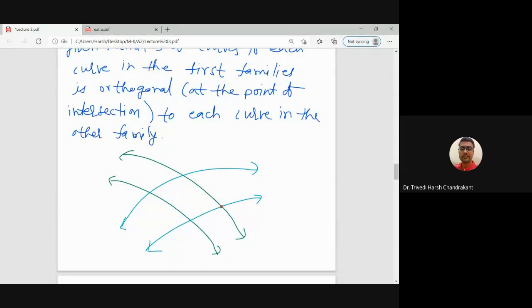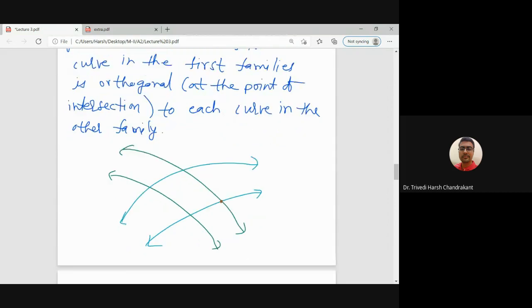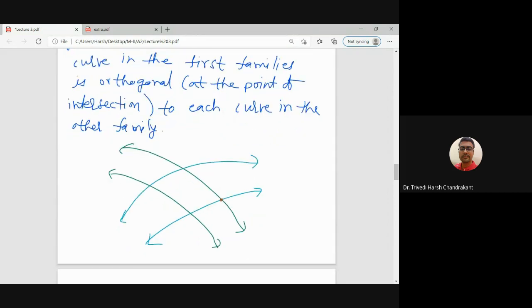So what do we mean if these two families are orthogonal? The family is orthogonal if they intersect at the point orthogonally. That means the tangents which intersect at this point are essentially perpendicular.